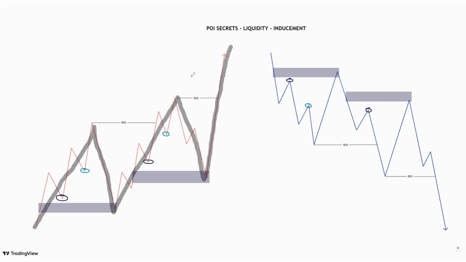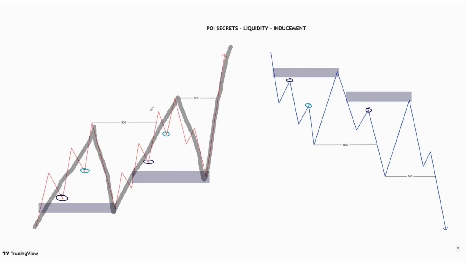You can go to the previous video I posted, where I was looking at internal structure and external structure. It's very important to understand those. You can hardly master most of these things without understanding internal and external structure.